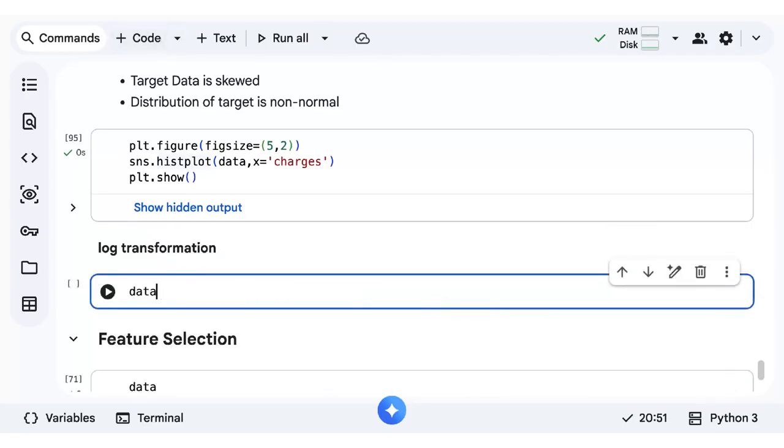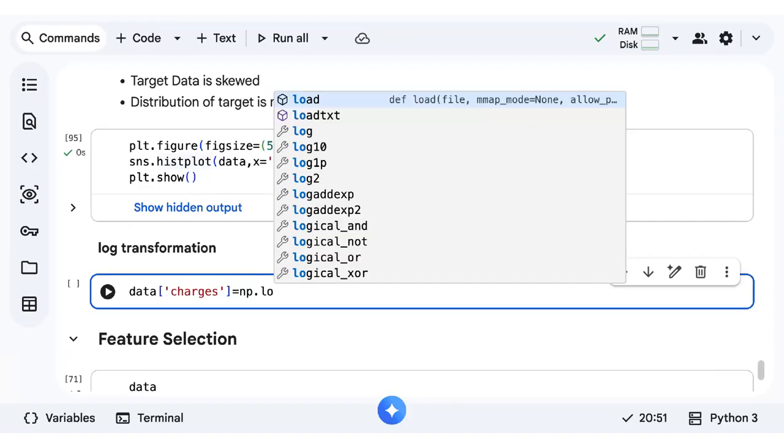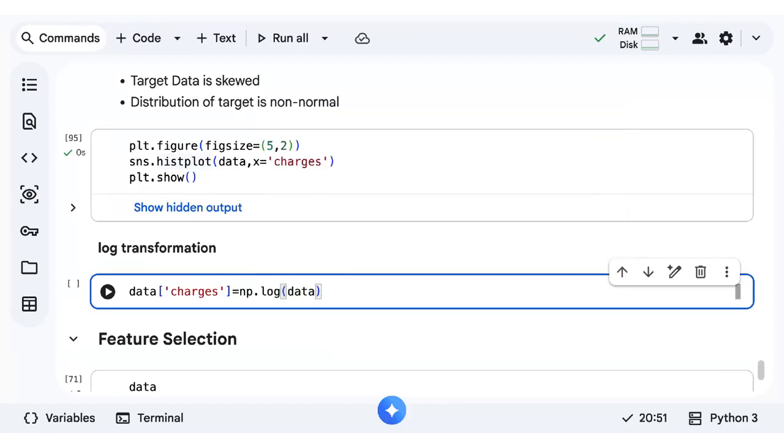I'll call charges equal to np.log, taking the log function from numpy, passing the column. That's it.